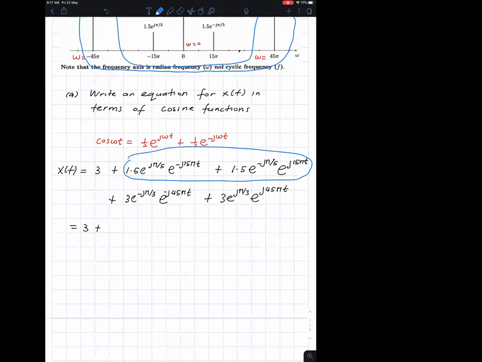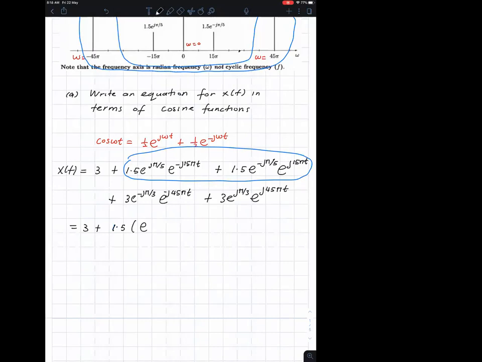So what I'm going to do, I'm just going to factor out the 1.5 and then just multiply the exponential functions. When you multiply them, the exponents will add up, right?